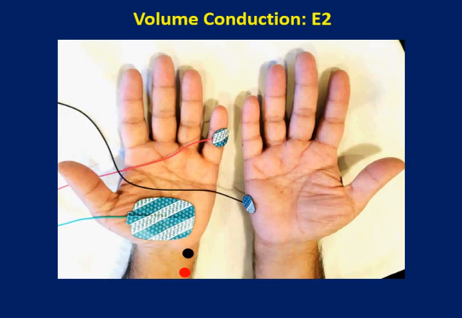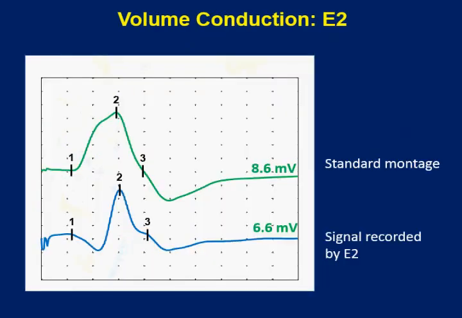We then moved the E1 electrode over the contralateral hand. It is so far away that it should not be able to record any significant response. Whatever signal we record is the potential measured by the E2 electrode. And here is the waveform on the bottom trace.